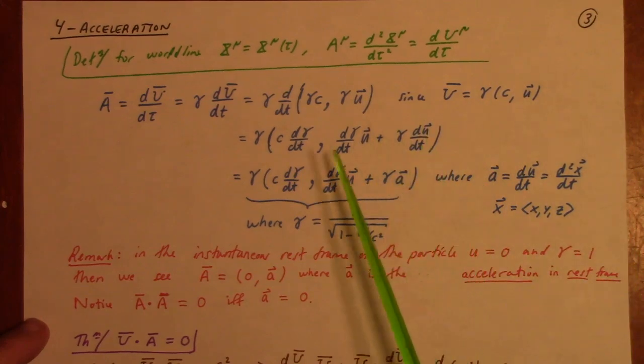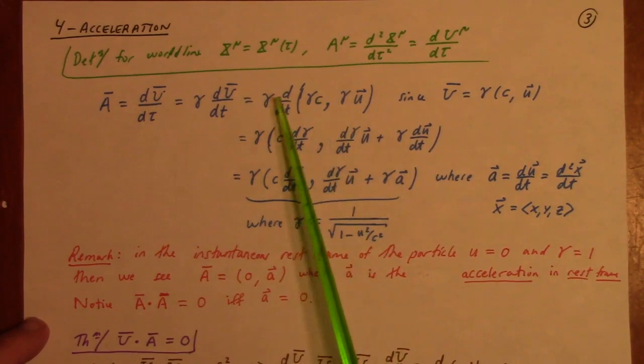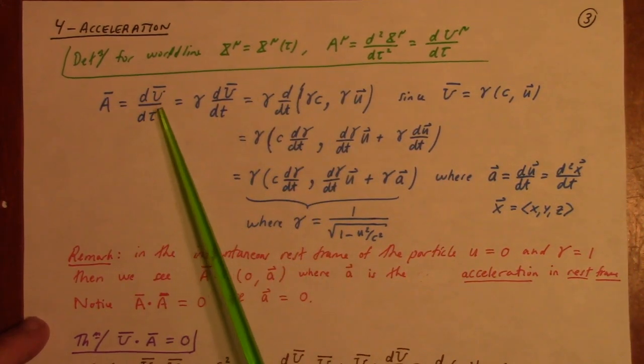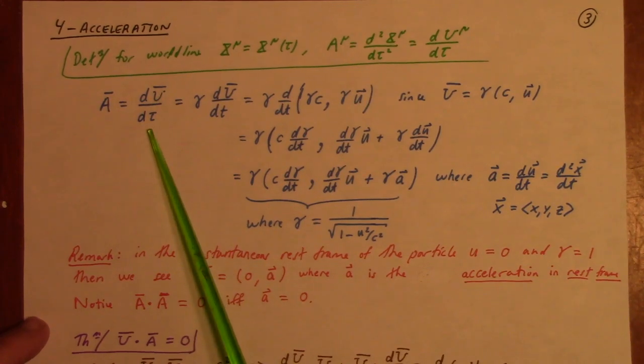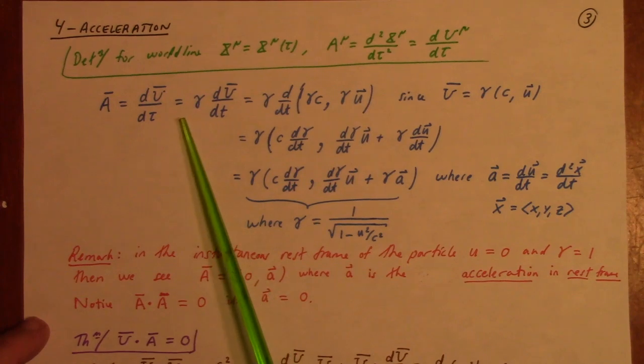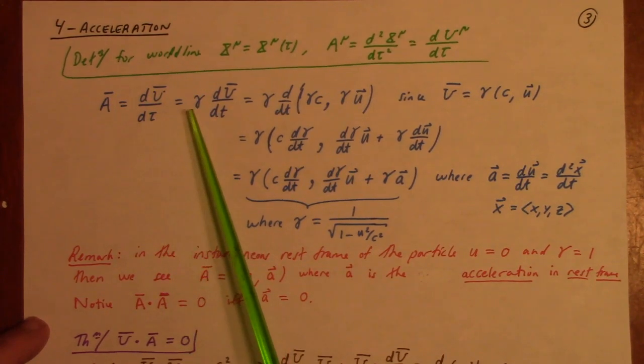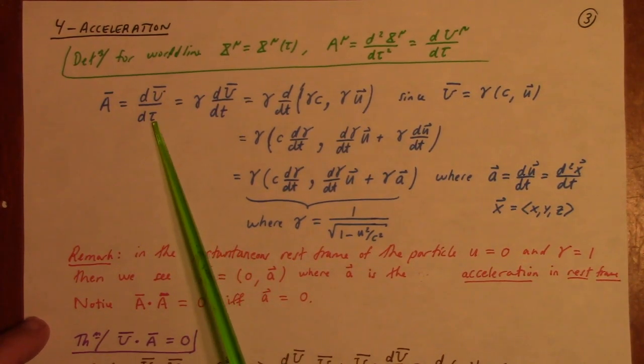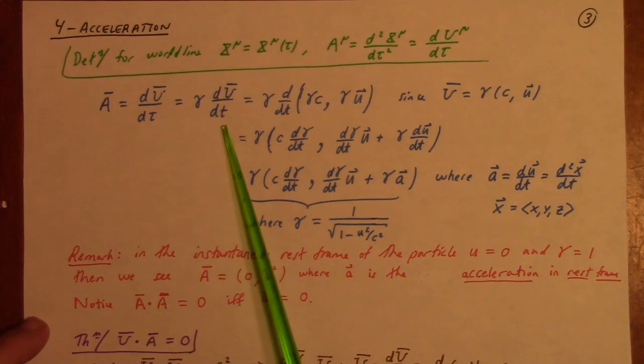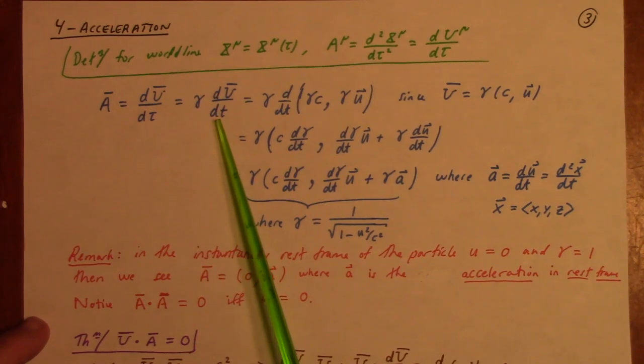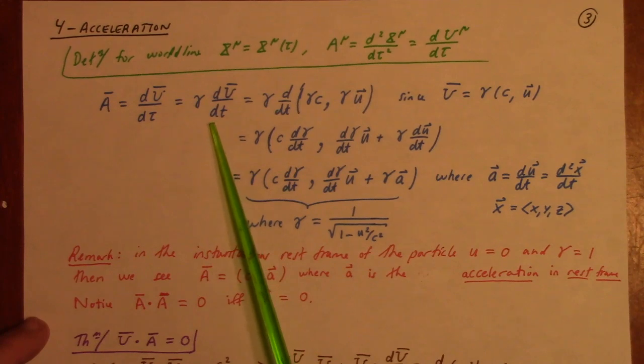But anyway, so the 4 acceleration is the proper time derivative of the 4 velocity, which, by the way, is gamma using the chain rule, trading a proper time derivative for just a plain old time derivative. So the plain old time derivative is taken with respect to a frame of reference, which is not necessarily the co-moving frame.